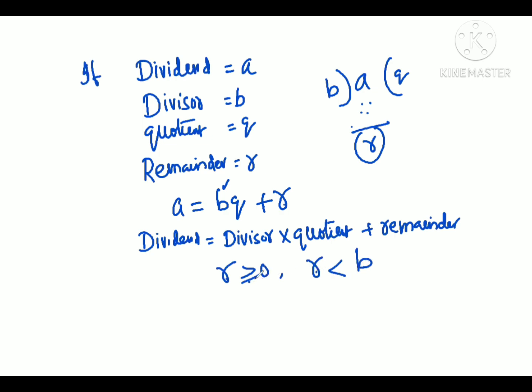By combining these two, we conclude that 0 is less than or equal to R and R is less than B. So from this result, we can write 0 less than or equal to R less than B.